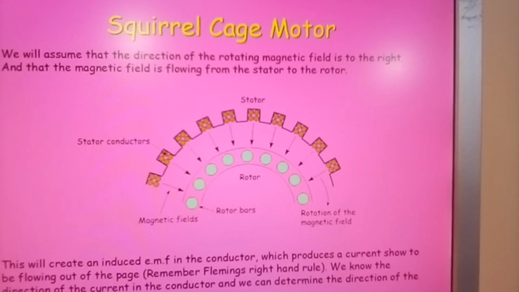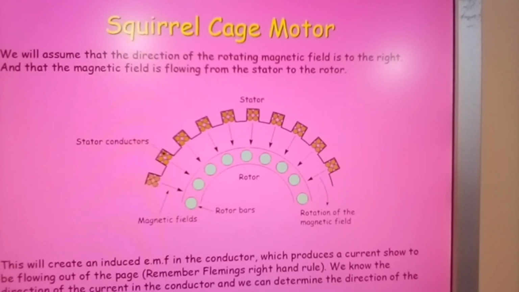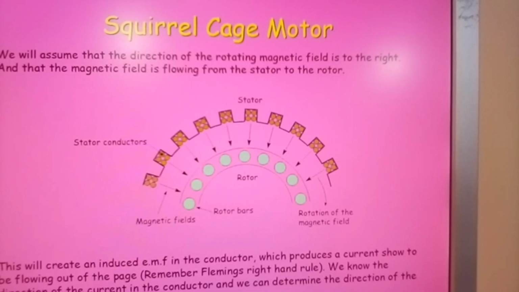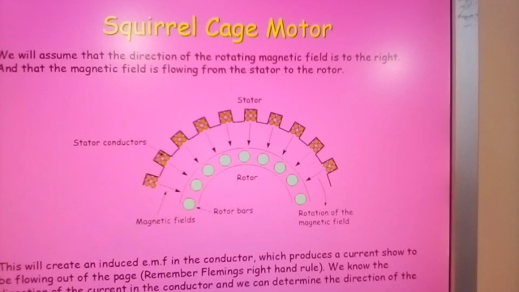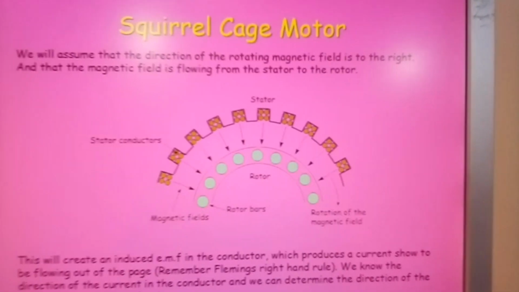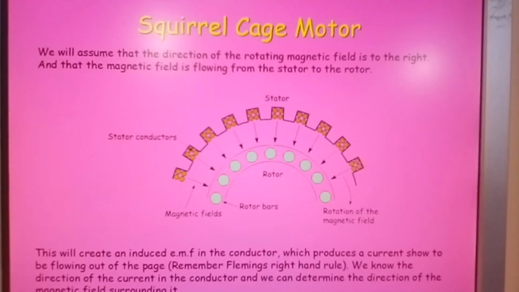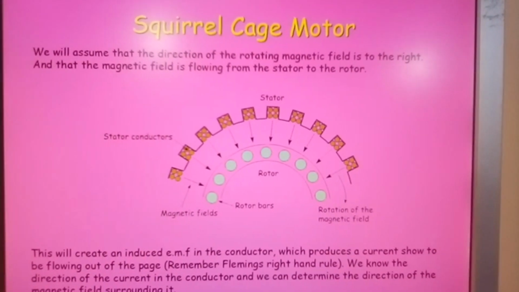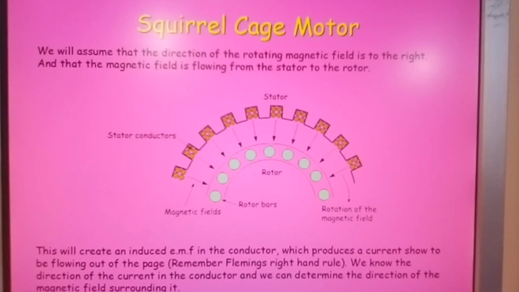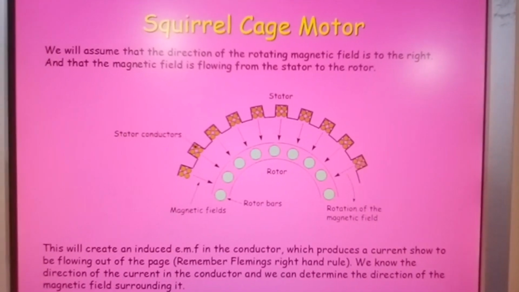out of the, well, imagine an arrowhead coming towards you. Remember Fleming's right hand rule. We know the direction of the current in the conductor, and we can determine the direction of the magnetic field surrounding it. Again, you did that earlier in one of the videos I've done previously, so read the information and look at the playlist. Use that information.